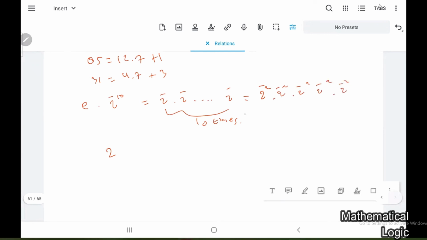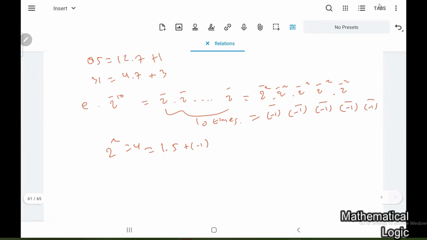So this should be 10, and 2 square is 4, and 4 is 1 times 5 plus minus 1. So you can change this into minus 1, minus 1, minus 1, minus 1, minus 1. So you have this one plus 1 plus 1, so you have minus 1.